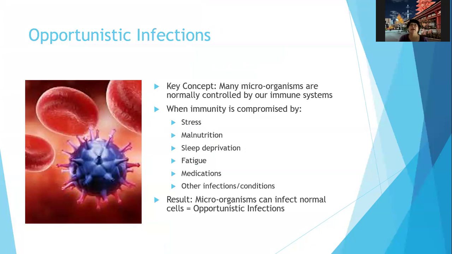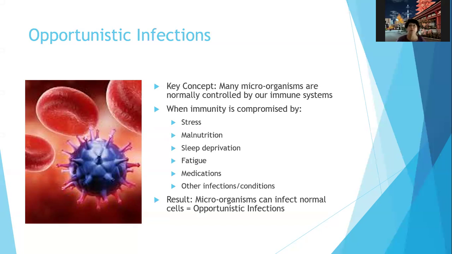Opportunistic infections. We live in this interesting symbiotic relationship with different little bacteria. Some of the bacteria in our body are our normal flora, we call them. They live in our body and they do a good job for us. One of the jobs they do is take up space so other pathogens cannot get into the system.